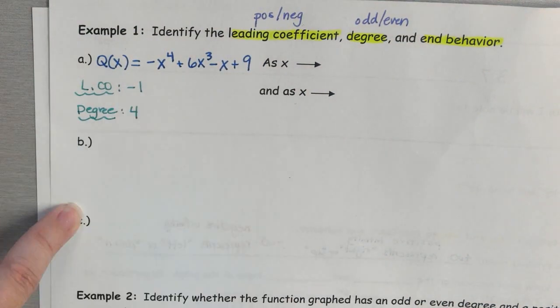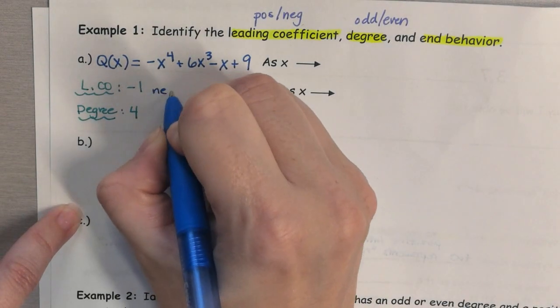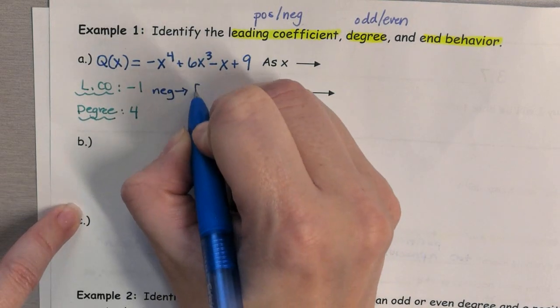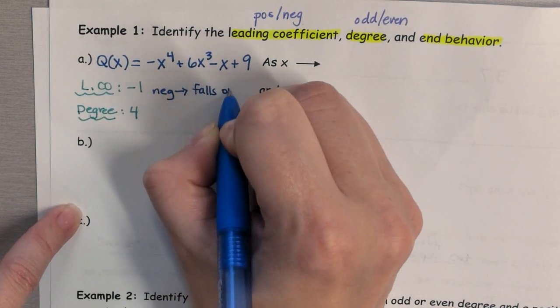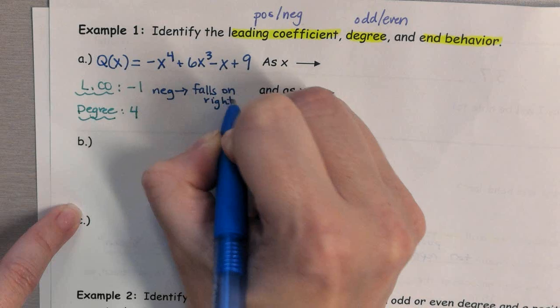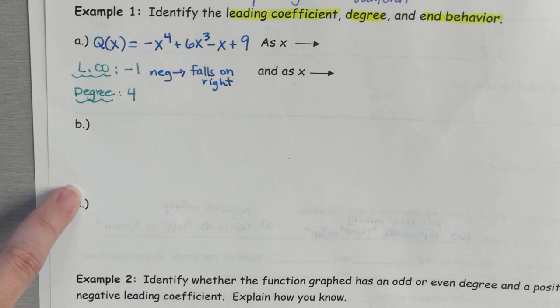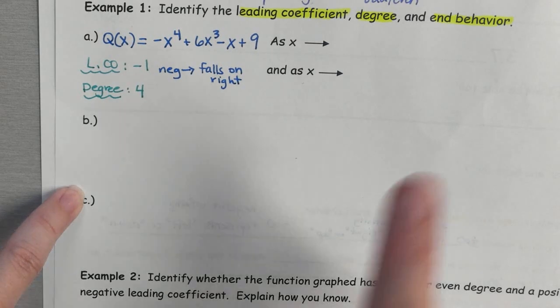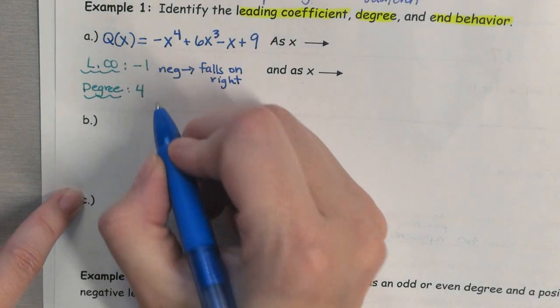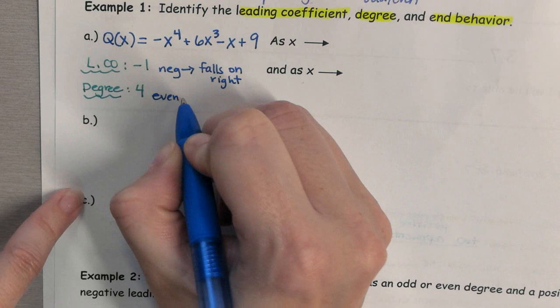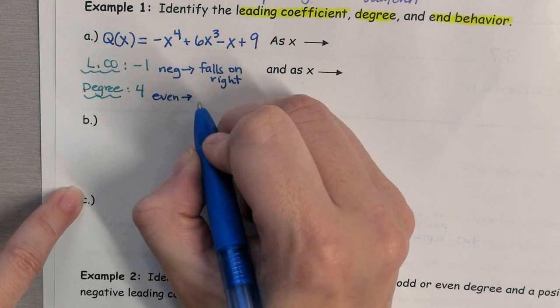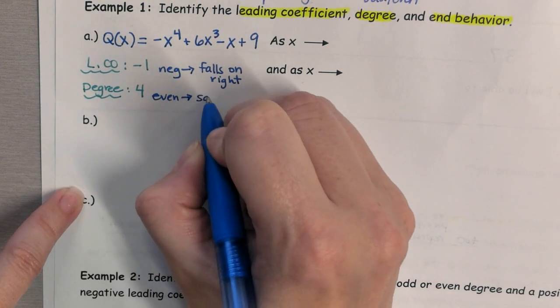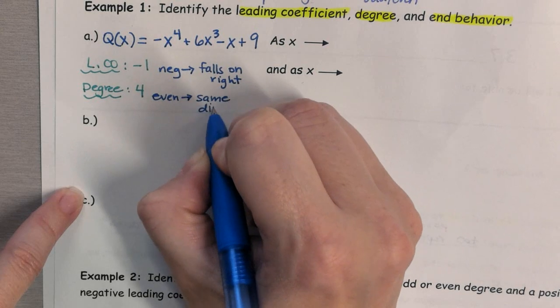Obviously -1 is negative, so what that tells us is the graph falls on the right. Now the degree is where you determine if it's odd or even. 4 is an even value, so that means the ends go in the same direction.